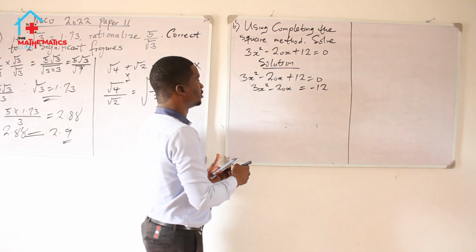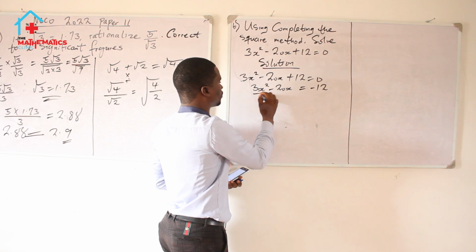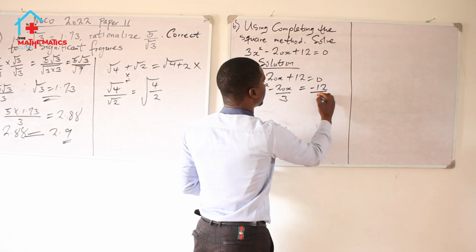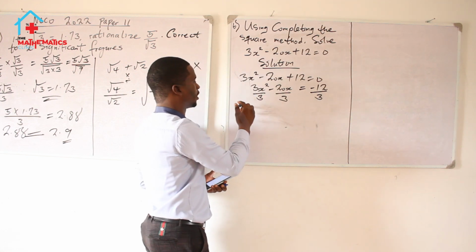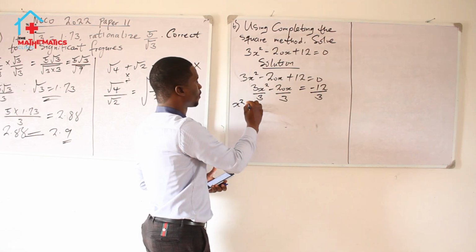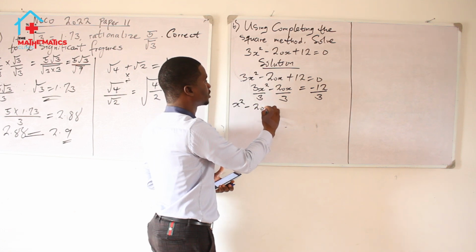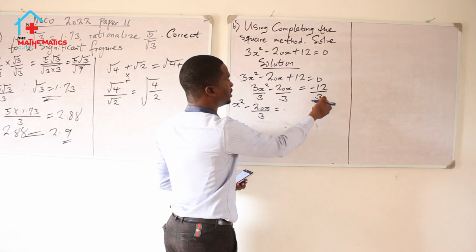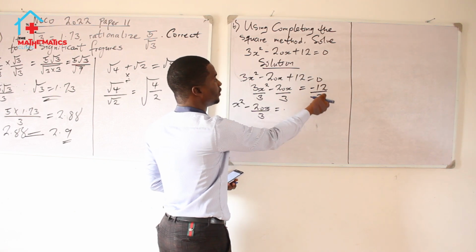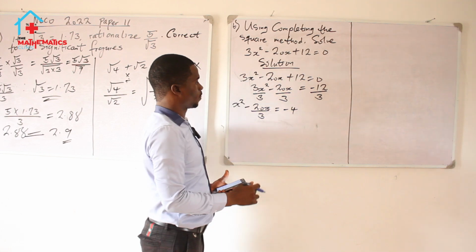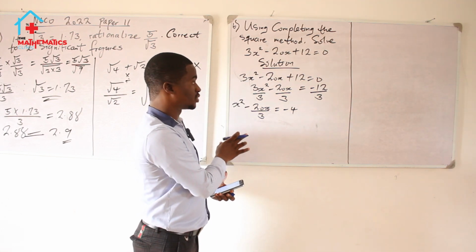Step 2: divide through by 3, then simplify. So 3 will take off 3, we have x squared minus 20x all over 3 equals, this 3 can actually divide 12, leaving us with minus 4. Alright, so this should be the second step.